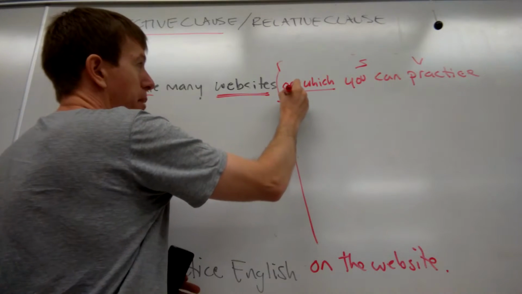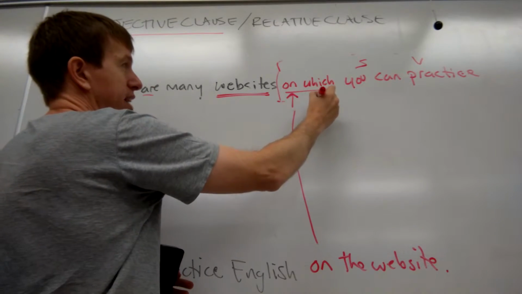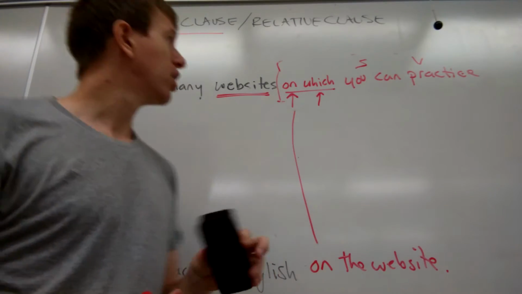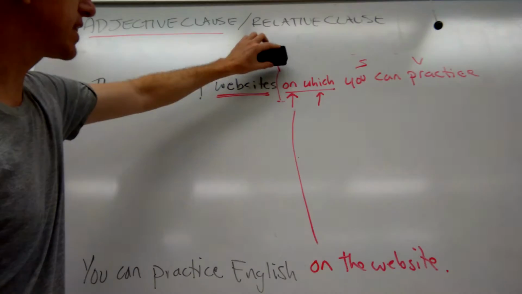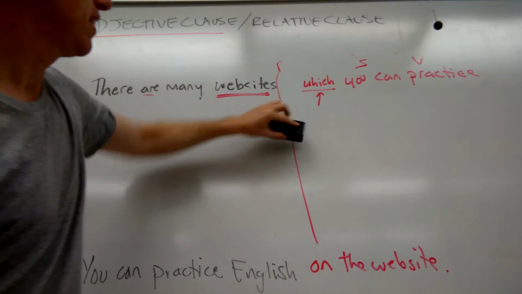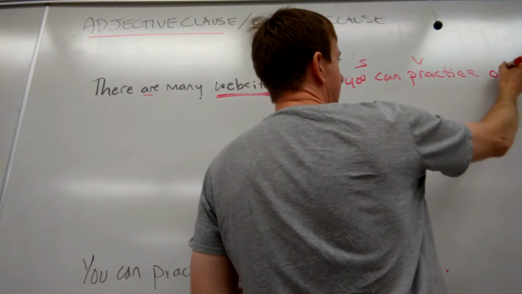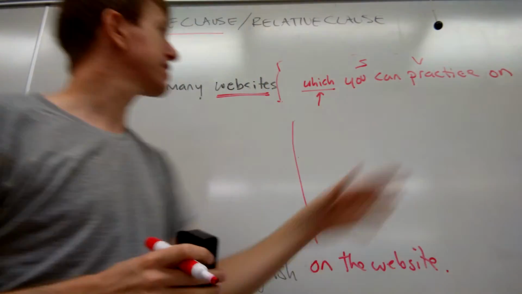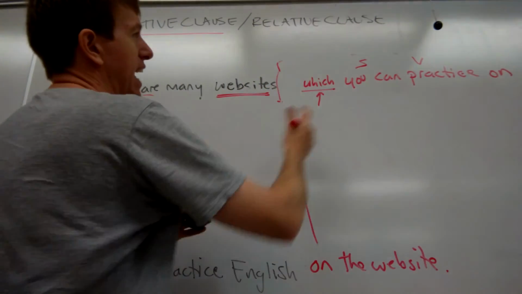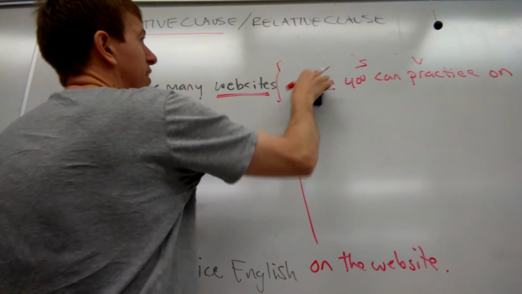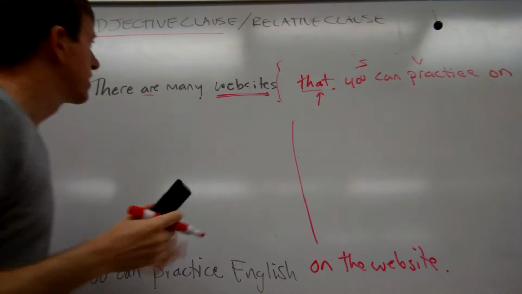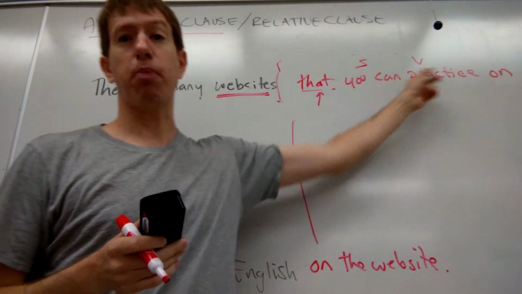So if you use a preposition, then you're going to need to use which, not that. You do have one choice here. You could take the on and put it at the end, right? Because you can practice on the website. And in that case, again, in England, they like which a little more than we do, but we tend to say that. There are many websites that you can practice on.